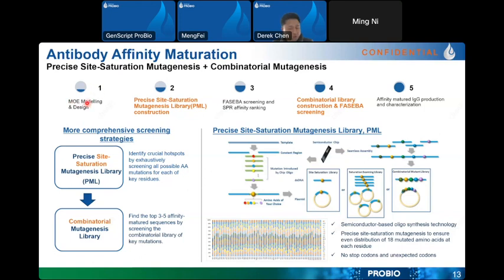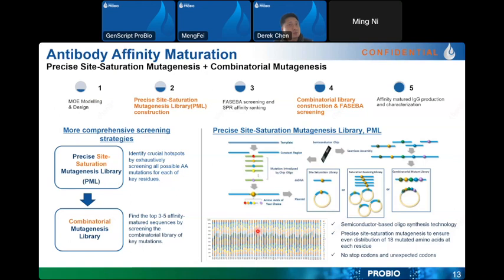The first step is to narrow down the mutation sites by structure modeling. MOE software is commonly used for homology modeling to identify CDR critical residues that contribute the most to the antigen antibody binding. Then a single residue saturation mutation library will be created for each of these CDR critical residues.